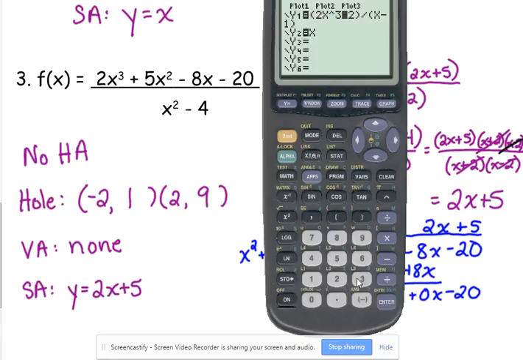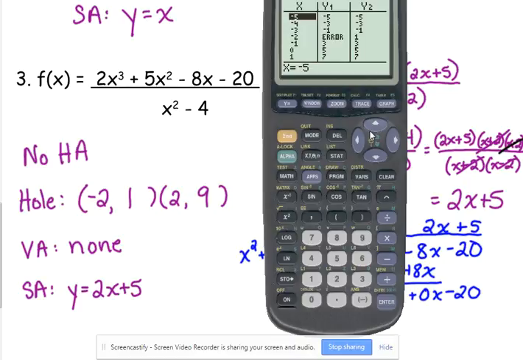So let's look at this. 2x cubed plus 5x squared minus 8x minus 20 over x squared minus 4. Just checking to make sure everything checks out. 2x plus 5. Here's our rational function. It looks like a straight line because it's simplified all the way down to a linear function. So let's look at the table to confirm our stuff.